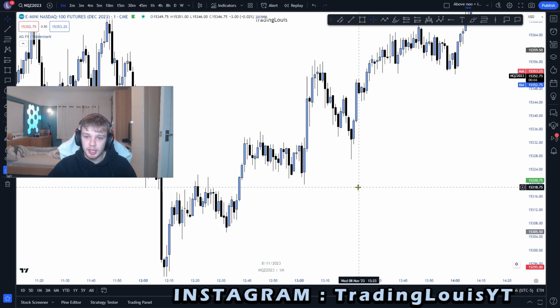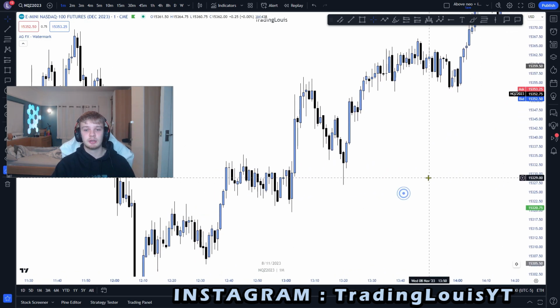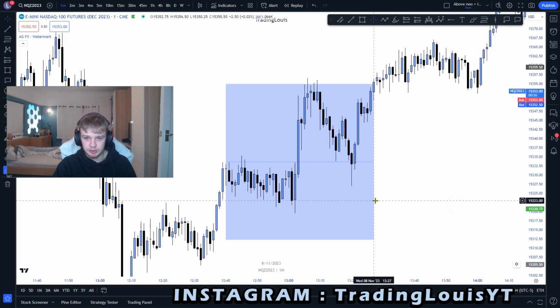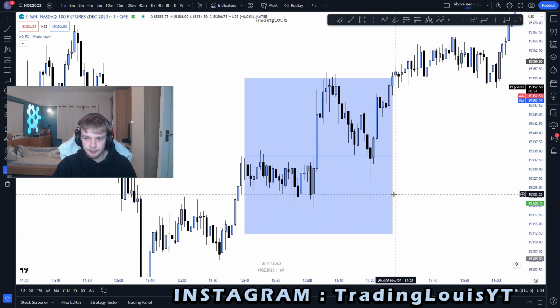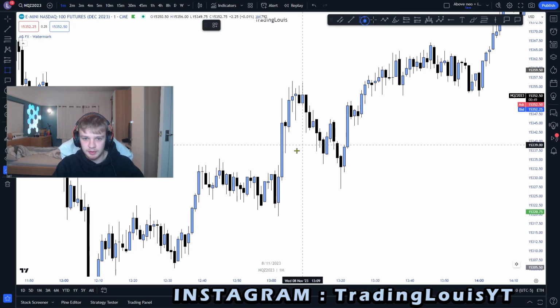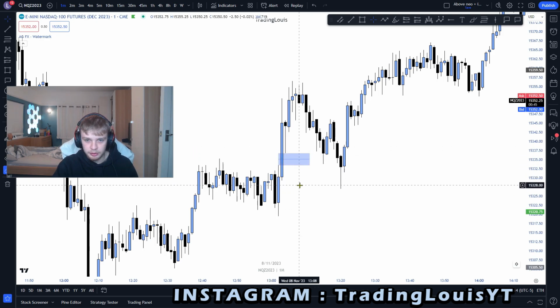Now we are in the live charts, and hopefully you can see there are lots of fair value gaps. Let's focus on this point here that I've just rectangled. Right here, we can see a nice fair value gap. We have 1, 2, 3 candles.